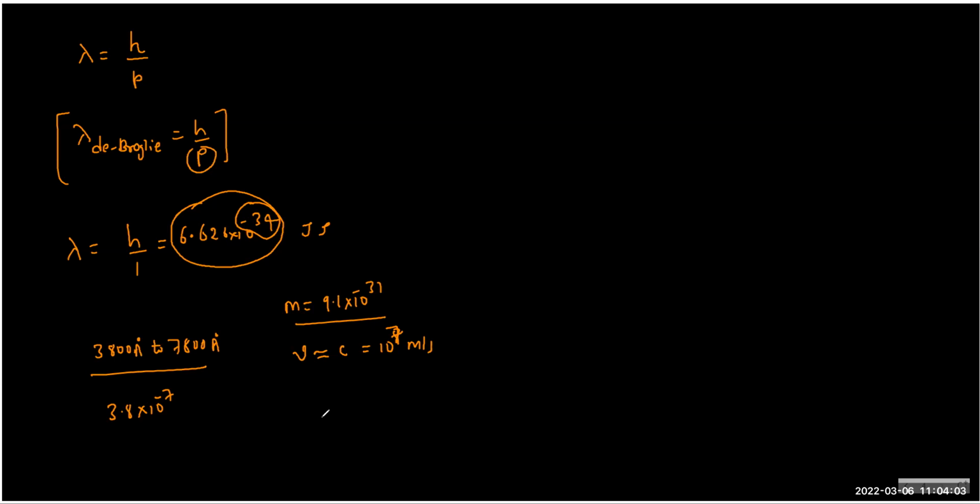In that case, what do we expect the wavelength to be? Let's check it out. 9.1 into 10 power minus 31, and velocity 10 power 7. Now this will lead to minus 3, this is minus 10, right? So this is now getting to some angstrom, right?